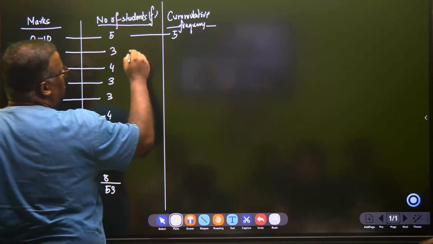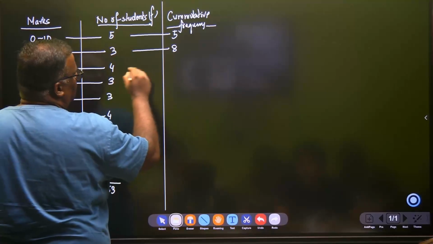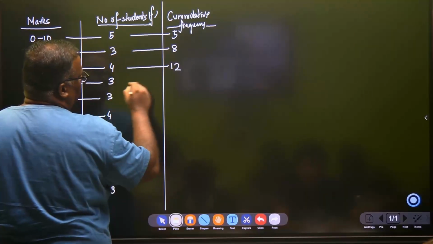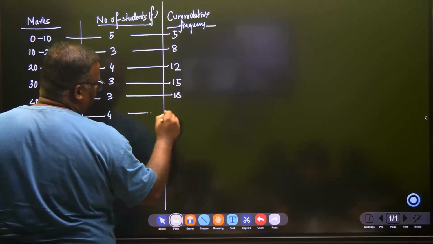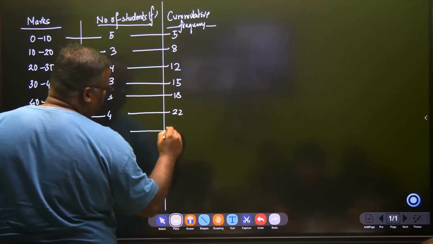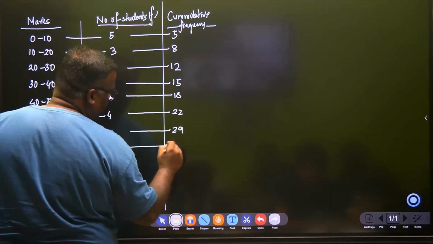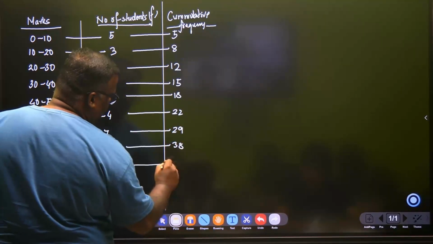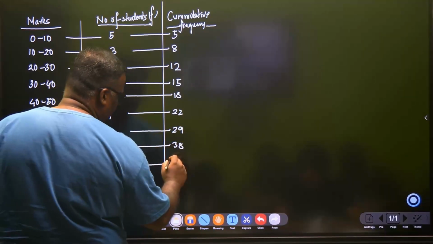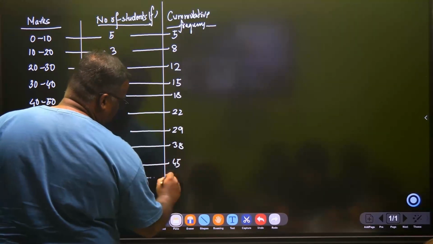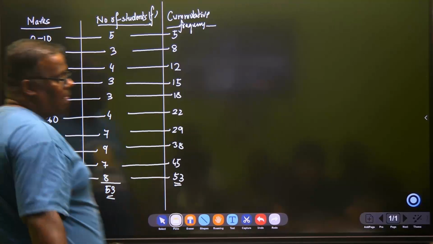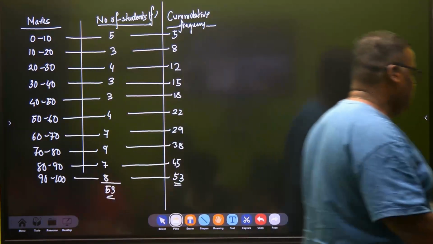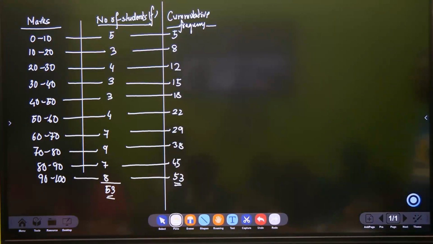Now I add this 3 with 5, so it becomes 8, plus 4, 12, plus 3, 15, plus 3, 18, plus 4, 22, plus 7, 29, plus 9, 38, plus 7, 45, and 45 plus 8, 53. This has to tally. If it doesn't tally, stop your problem here itself, because something has already gone wrong at this stage.